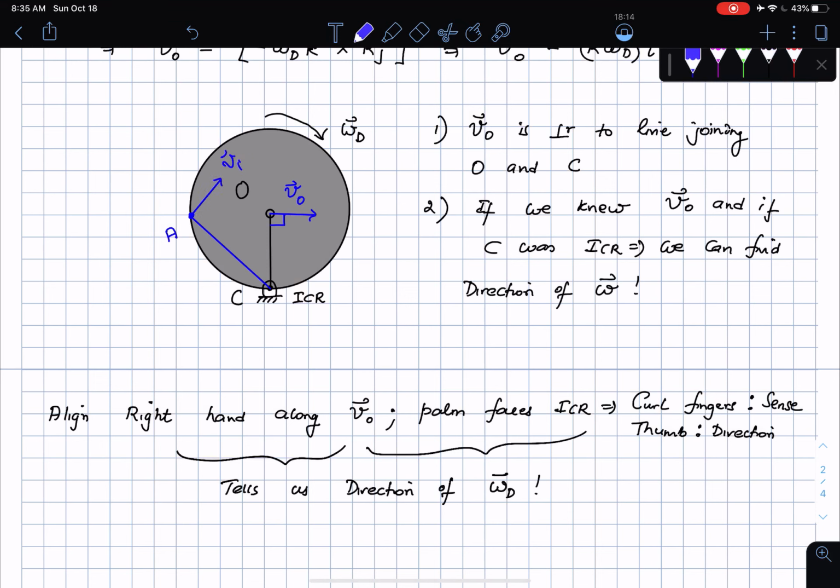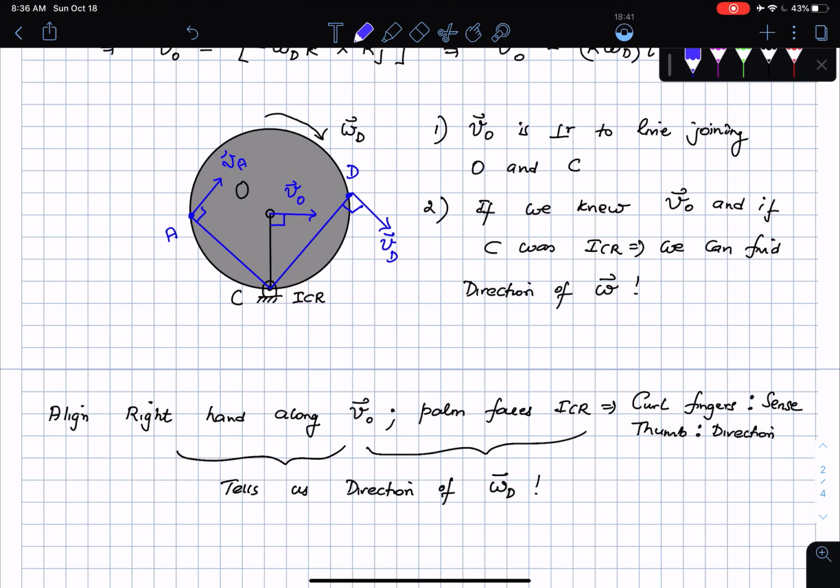Okay, so this has to be the velocity of A, that's perpendicular there. If I choose a different point, if I call that point D or something, whatever it is, I can then join these two lines from the ICR, and then I can say, hey, this is going to be the velocity of D, which is going to be perpendicular to the line joining the two, and then based on the right hand rule, I know that the velocity has to be pointing this way, because only then can I get a clockwise rotation of the rigid body.